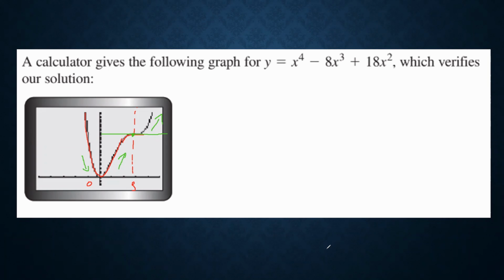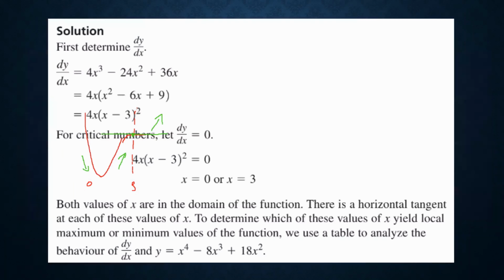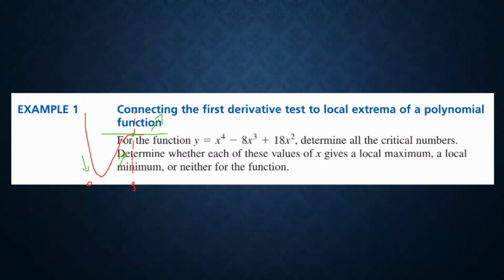Is it clear, guys? Any questions so far? So the question has to determine whether each of the values of x gives a local minimum or maximum value? Yes. The question was, let me move back, to define critical points and define whether each critical point gives us a local maximum, local minimum, or neither for the function.